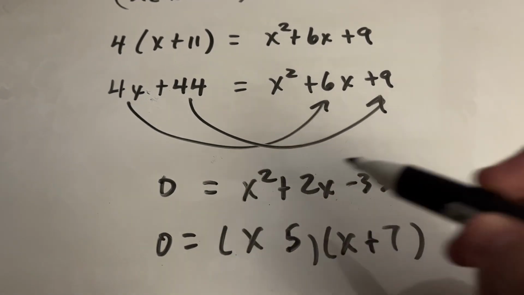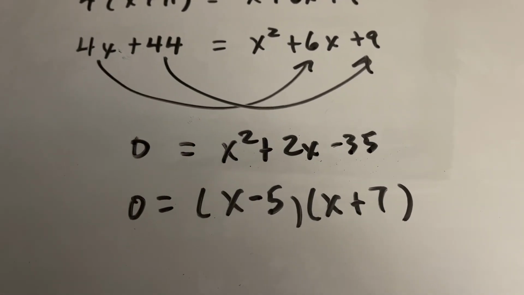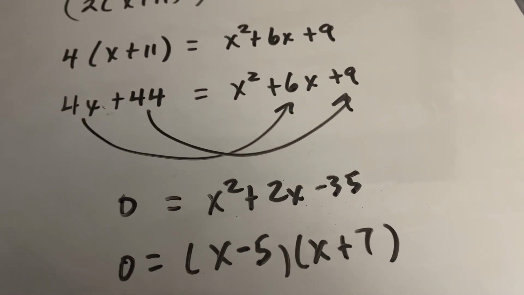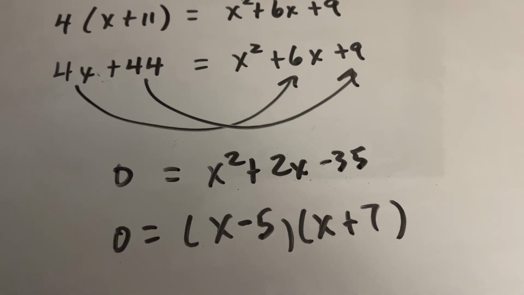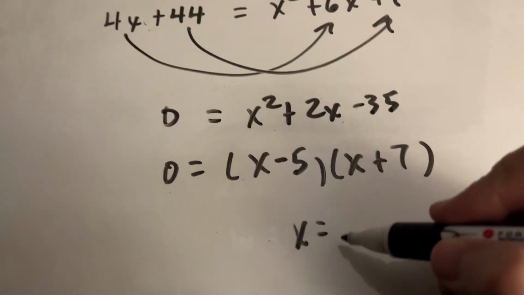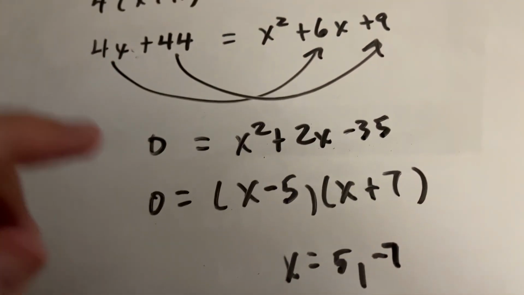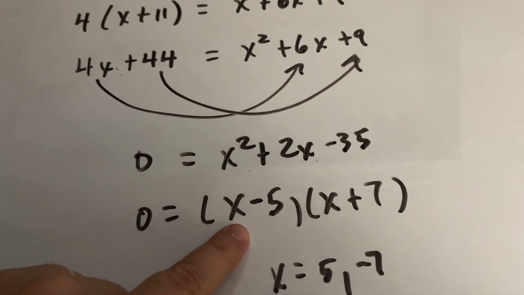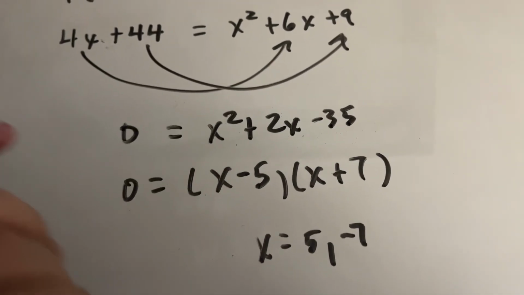And notice it needs to be positive 7 and negative 5 in order to multiply to be negative 35 and add to be 2. So that's that. So it means I have 2 answers, or maybe 2 answers. So that's 5 and negative 7, apparently. Because if you put 5 here, you get 0 there. If you put negative 7 there. So I've got 5 and negative 7.